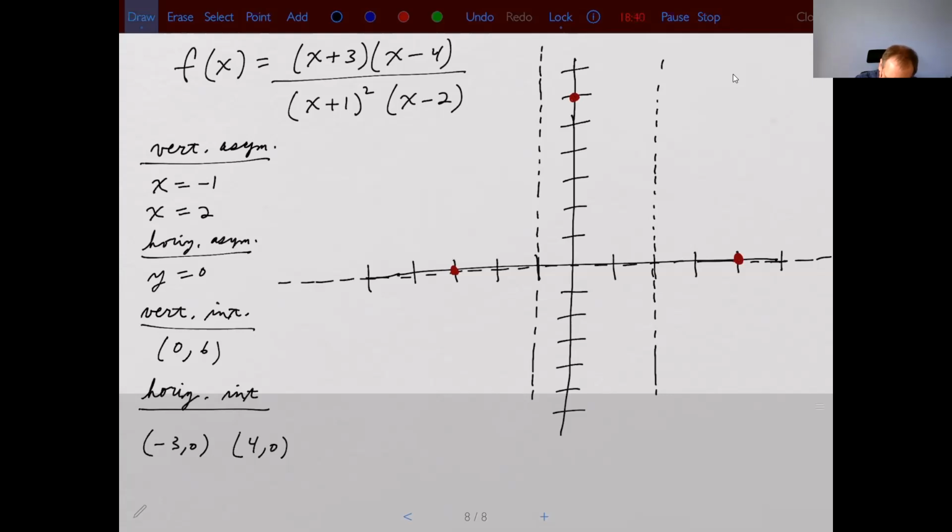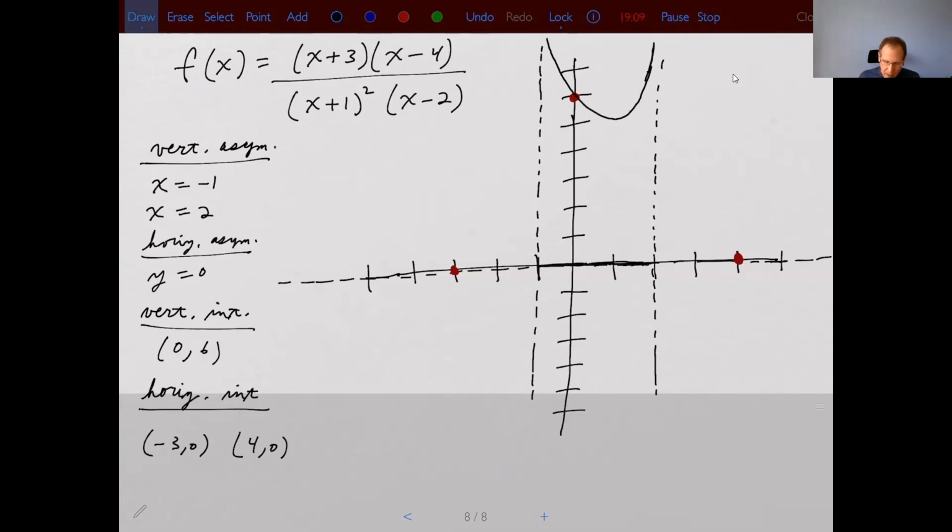It must look something like this. Pass through, and then it's got to turn around somewhere and then go up again. How do I know that? Because I know it can't pass anywhere through here because there are no horizontal intercepts between -1 and 2. Remember, they were at -3, 0 and 4, 0. So it must go up.